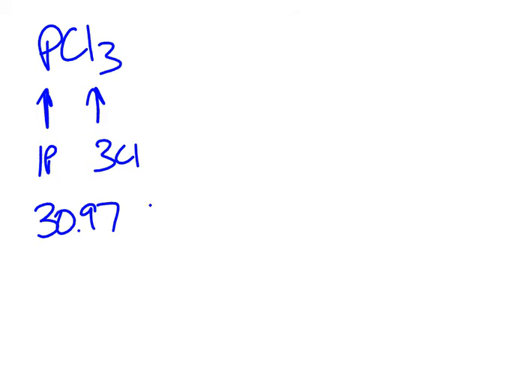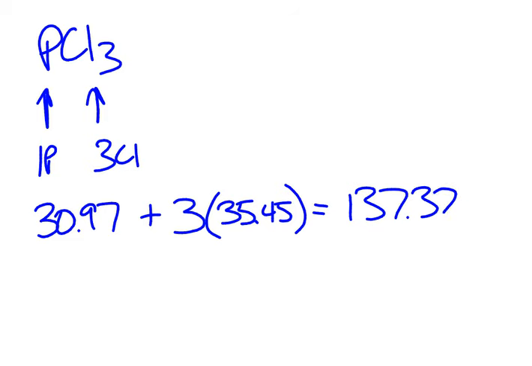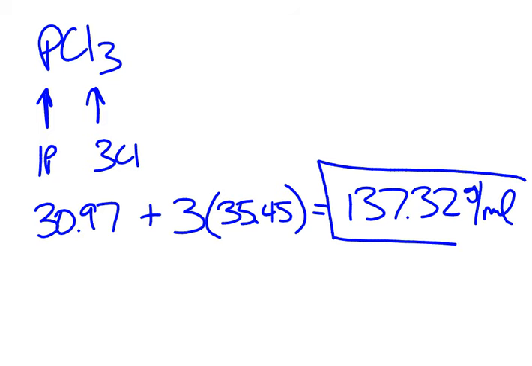I'm going to add that to 3 times 35.45 grams per mole, which I get from the periodic table for chlorine. I add all those together and I end up with 137.32 grams per mole. This is the formula weight, or the molar mass, of phosphorus trichloride.